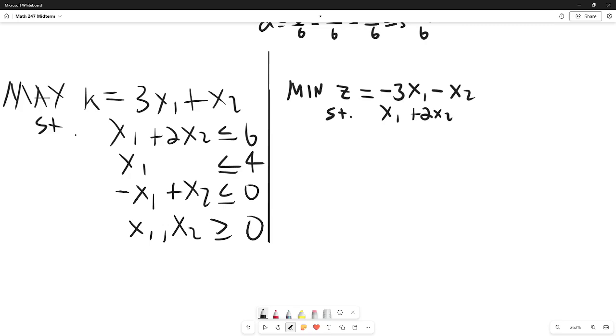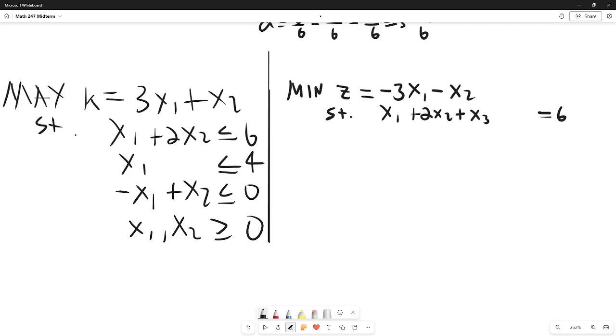We don't know what that value is, but we must add some value to x1 plus 2x2 to make it equal to 6, for sure, right? And so we can just, for now, say plus x3, right? And that plus x3 will handle that for us. So now we'll have equal to 6.